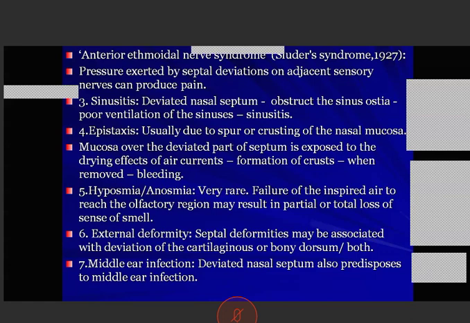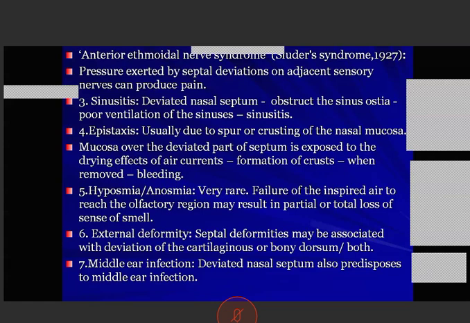There is another condition, a clinical feature you come across, which is hyposmia or anosmia. They are very rare. If there is recurrent rhinitis, you may have hyposmia, very rarely anosmia. Failure of the inspired air to reach the olfactory region may result in partial or total loss of sense of smell.